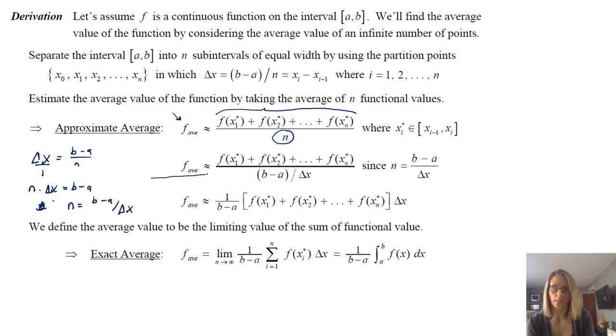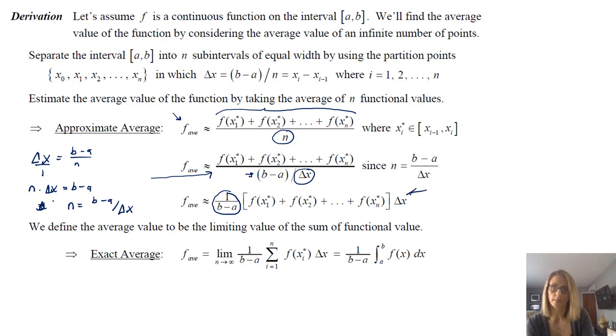So that's what you see here. Then they've pulled out the 1 over b minus a, so that's what's right here. And because it's dividing by the change in x, that's dividing by 1 over delta x, which is the same as multiplying by delta x.